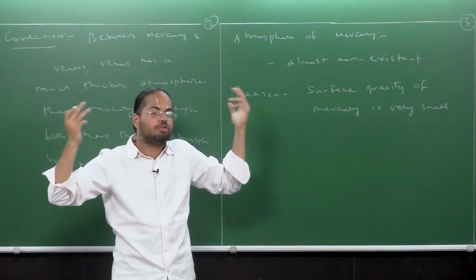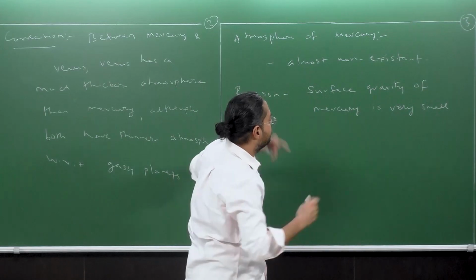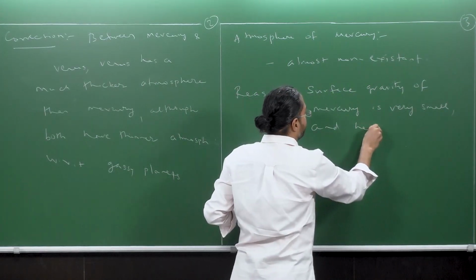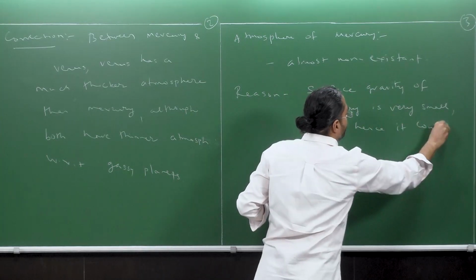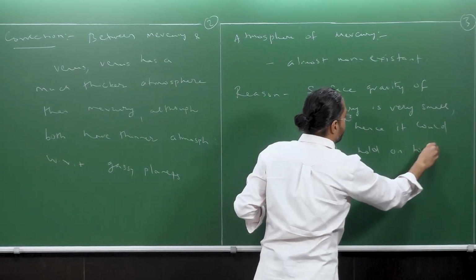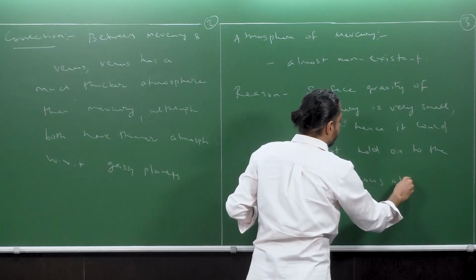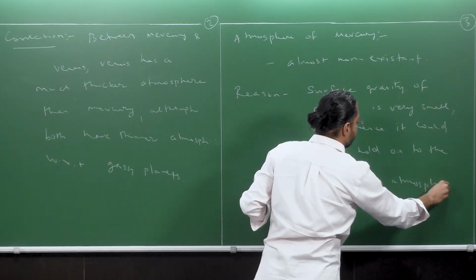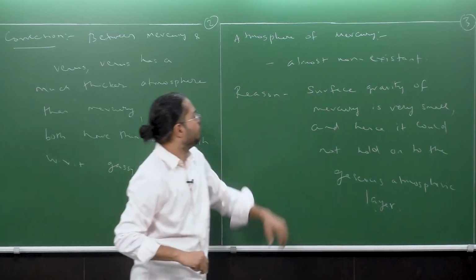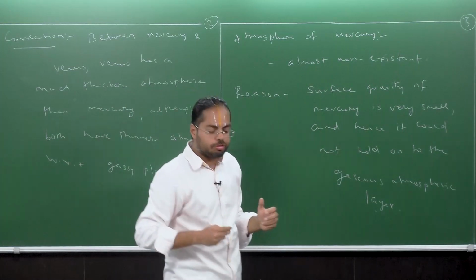And so the gas molecules just dissipate away. So the surface gravity of Mercury is very small, and hence it could not hold on to the gaseous atmospheric layer. That's why Mercury does not have any noticeable atmosphere.